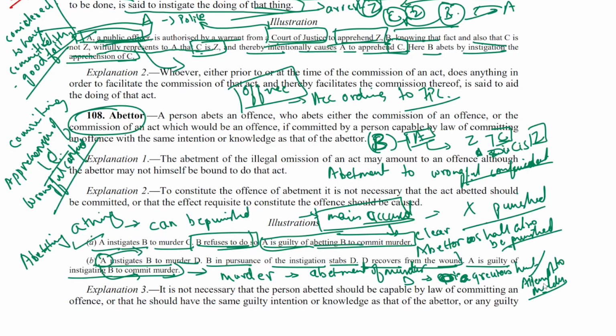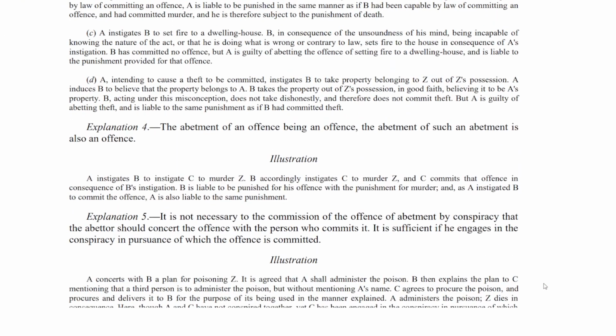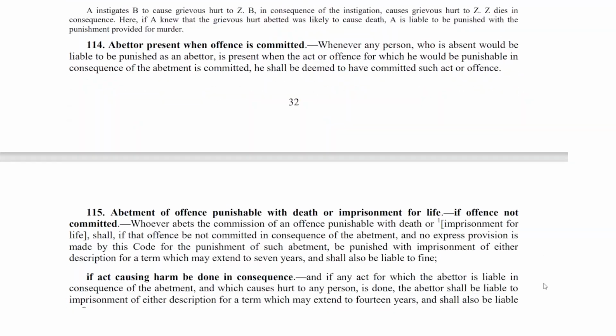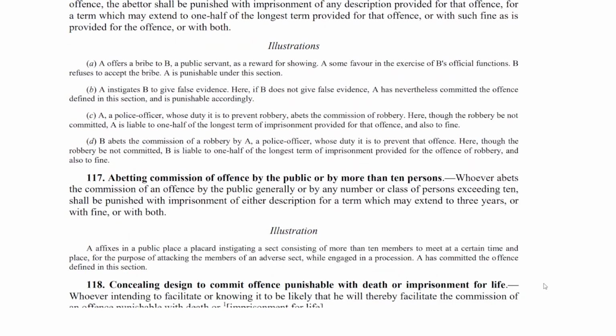Then it is considered a more heinous offense, and that is perhaps the reason an abettor is always punished even if the main accused is not punished for his act. So abetment is what we have already studied. If you want, you can go through some principles of it, but I suppose that will be more than sufficient for you.